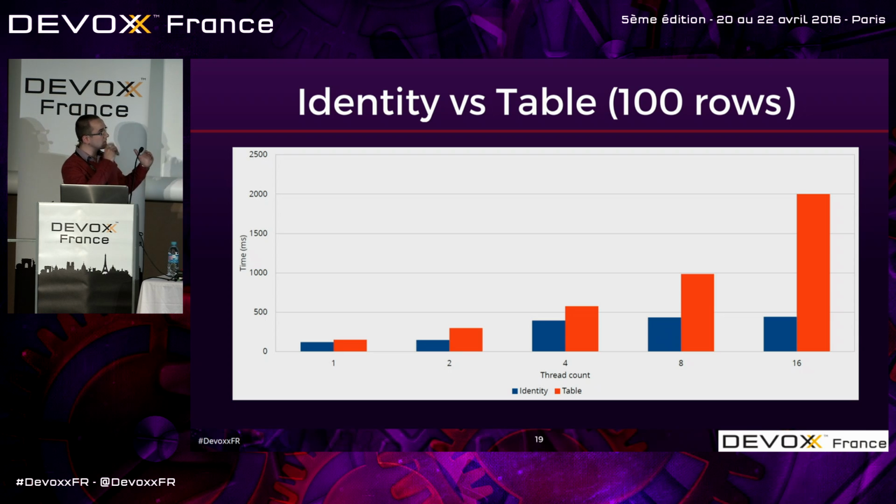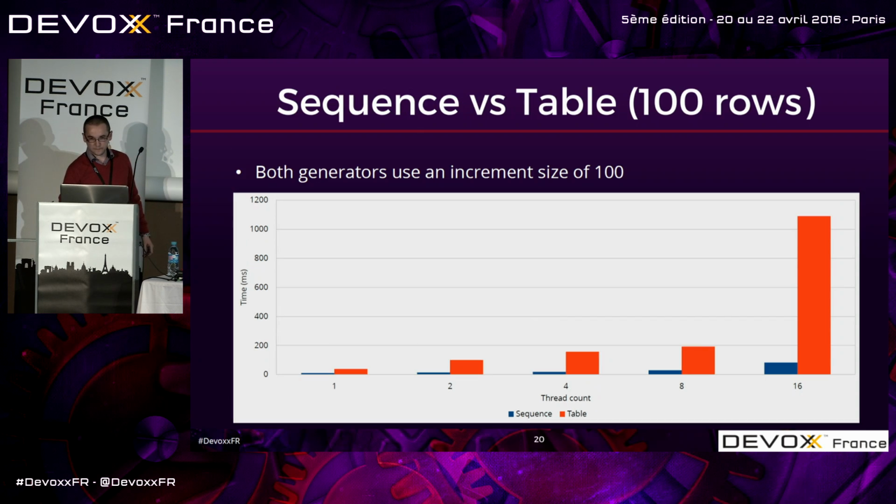And what's even worse, you can see that the higher the number of threads, the more penalty we are going to pay for it. That's actually Amdahl's law, what you're seeing there for the table generator, because the contention is going to affect how much you can parallelize it.